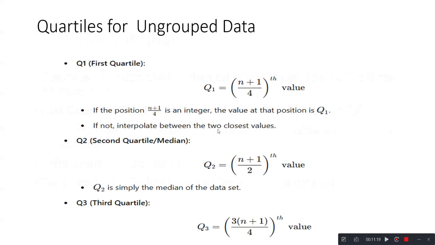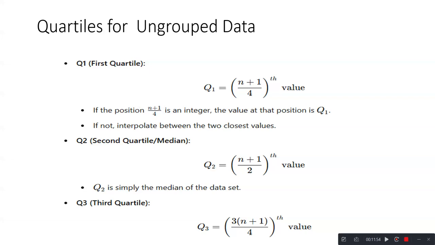So the formula is, if we have any ungrouped data and n is odd, then you just add 1. So that would be a quarter of n's value, that is going to be your first quartile.